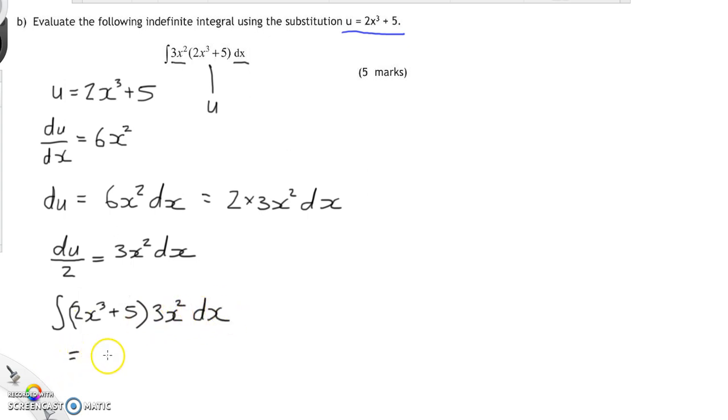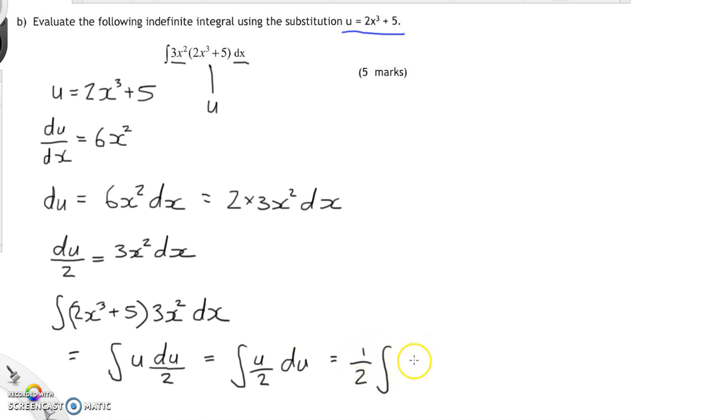And now we can write that as u, and this 3x squared dx here is going to be du over 2. The 2 can be shifted out completely because this is the same as u over 2 times du, which is the same as a half times the integral of u du.